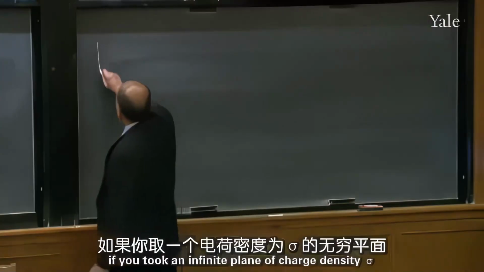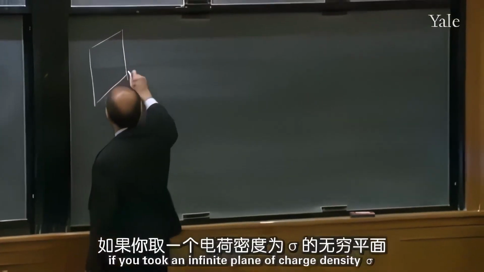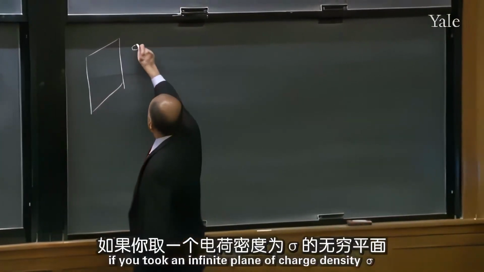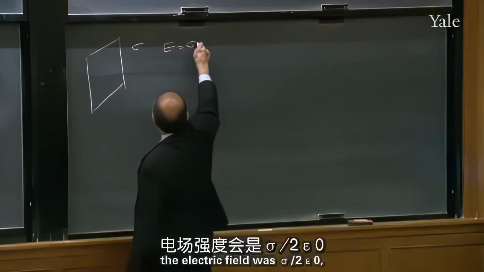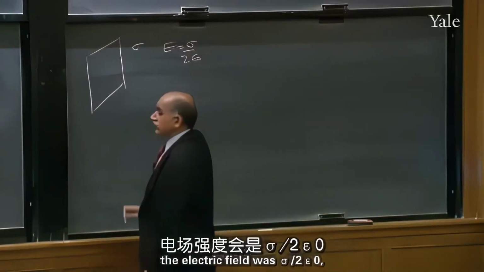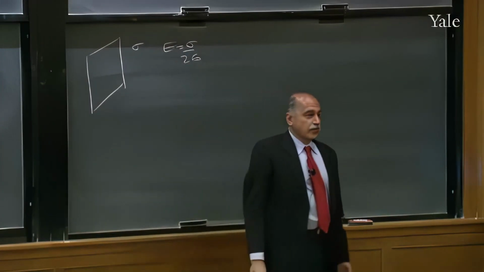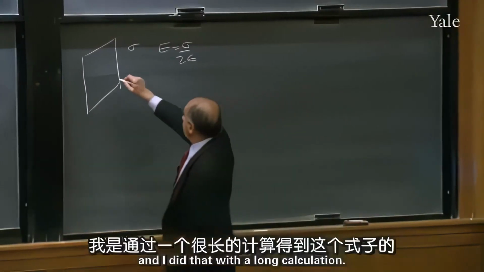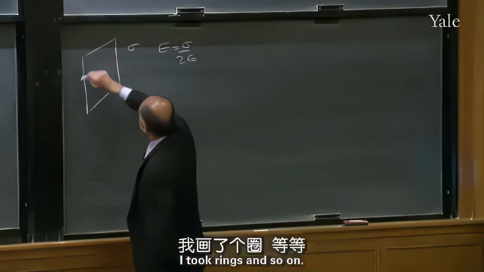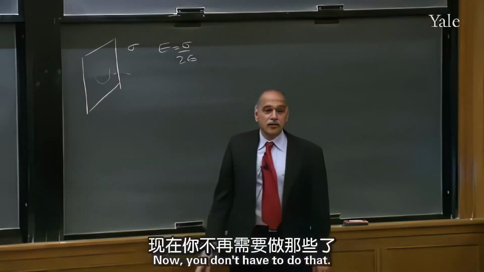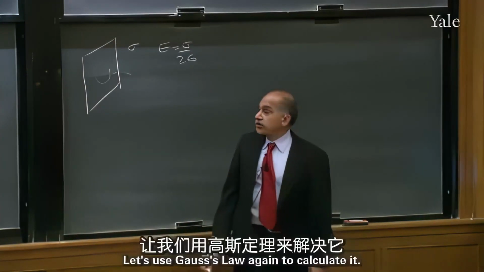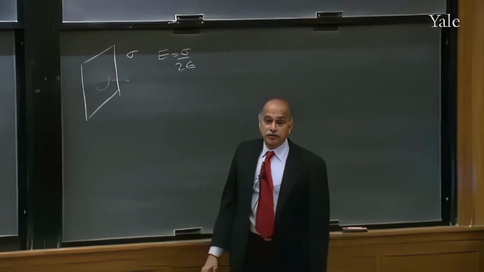I showed you that if you took an infinite plane of charge density sigma, the electric field was sigma over 2 epsilon 0. And I did that with a long calculation. I took a point there, I took rings, and so on. Now, you don't have to do that. Let's use Gauss's law again to calculate it.